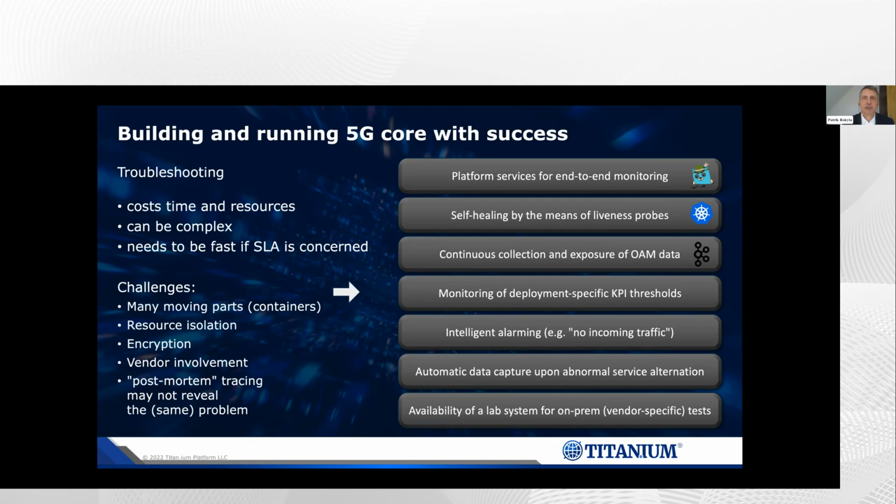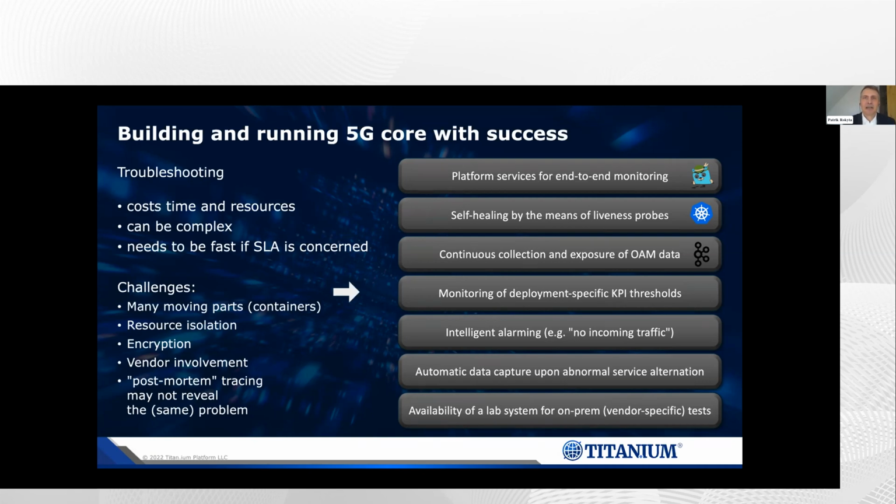And of course, as we know from the traditional world, we want to collect OEM data, put thresholds that are deployment specific on important KPIs, and then observe these KPI threshold crossings to generate alarms or to apply automated scripts that may be a result of artificial intelligence or machine learning or some sort of it.